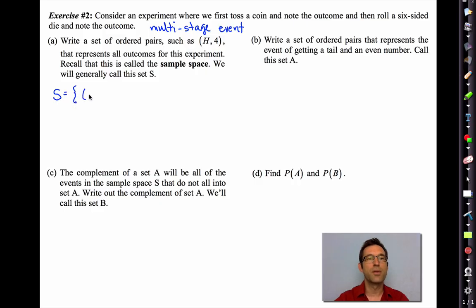So one outcome is that we got an H on the coin and we got a 1 on the die. We could, of course, write that as 1, H, but we're just choosing to put the outcome of the coin first. Then, of course, we could get a head and a 2, etc. Why don't you pause the video now and write out the rest of the elements of this set.